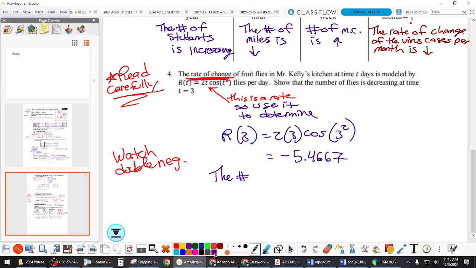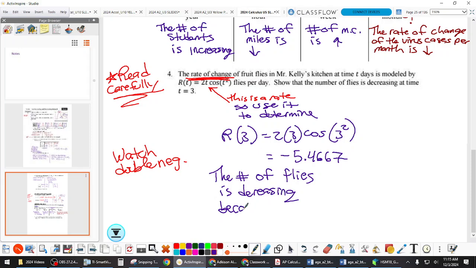So how would you word it so you don't get confused? Yeah, so the number of flies is decreasing. And it doesn't tell us to give the rate, so you don't have to say that.